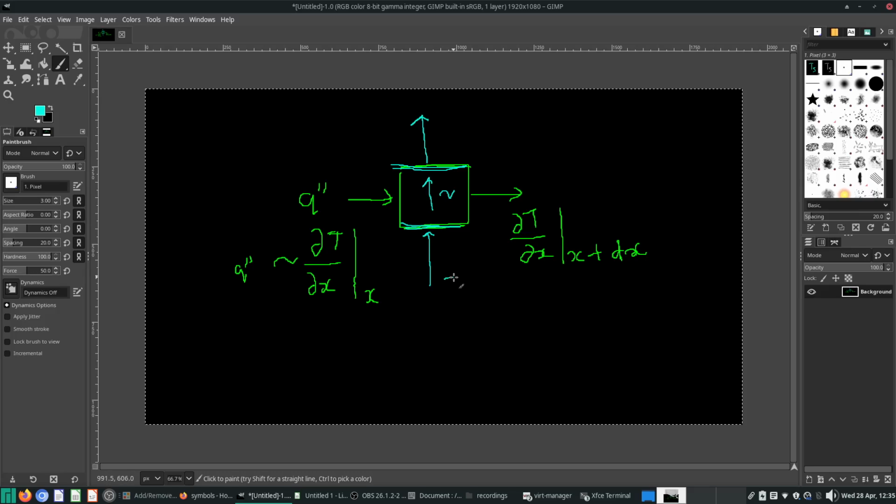So it will come in at some temperature T at y and some temperature T at y plus dy. Now what will we have here? We will have this term here, T at y plus dy equals T of the box, T of the control volume.